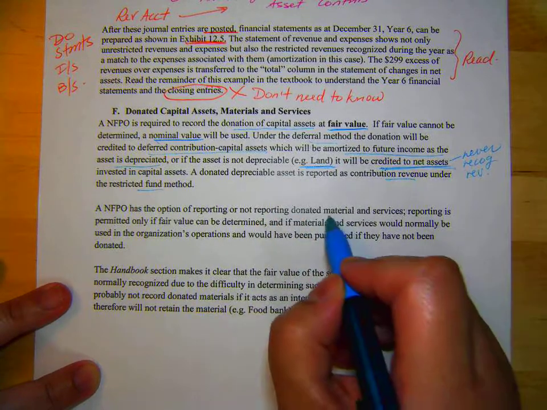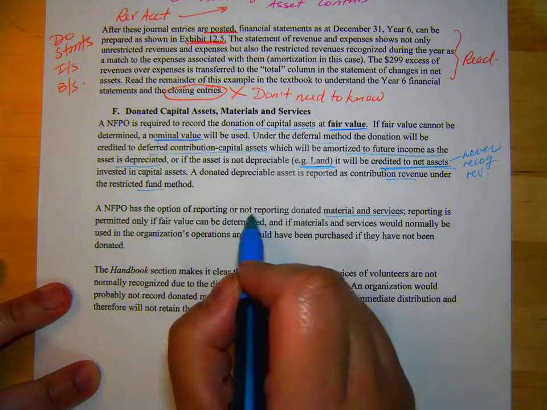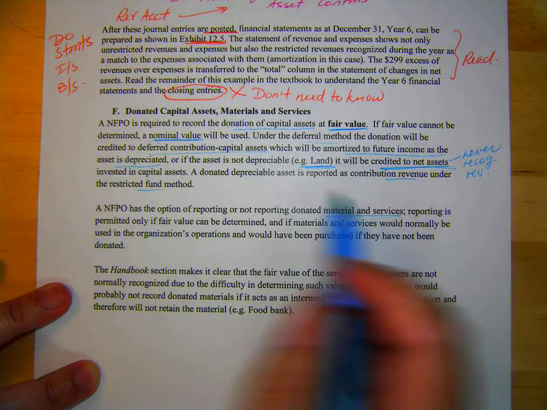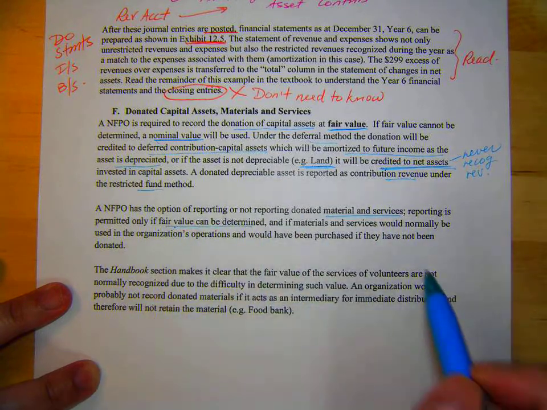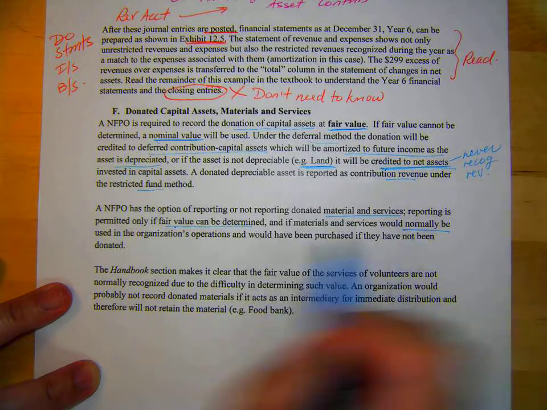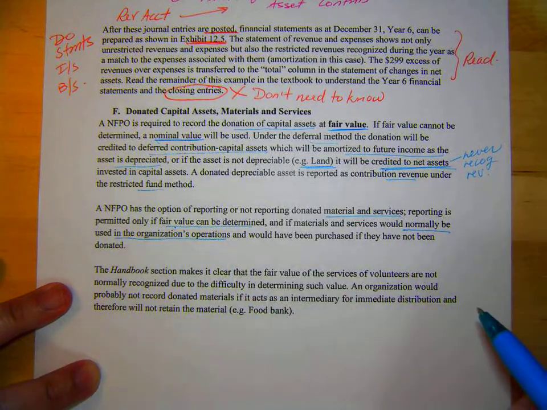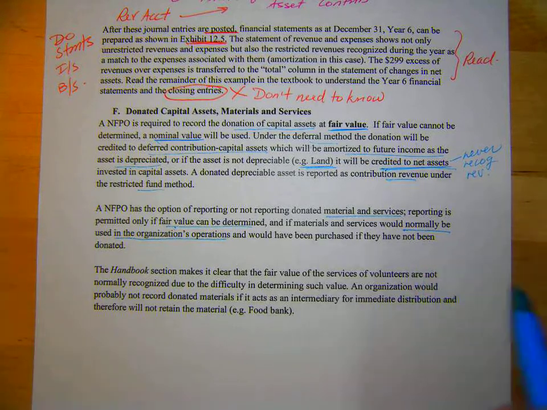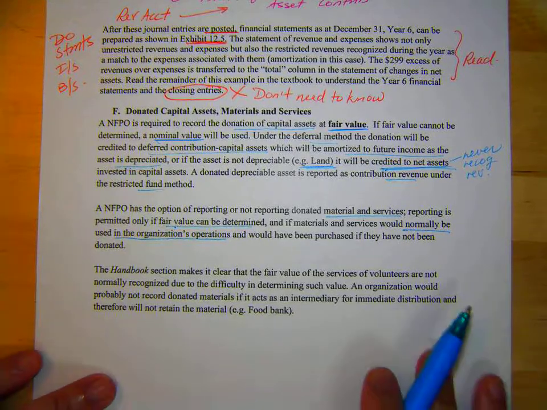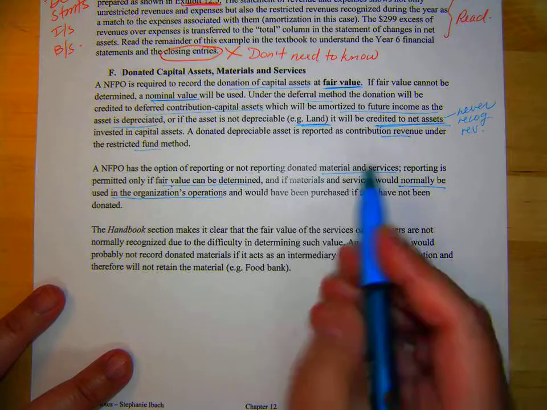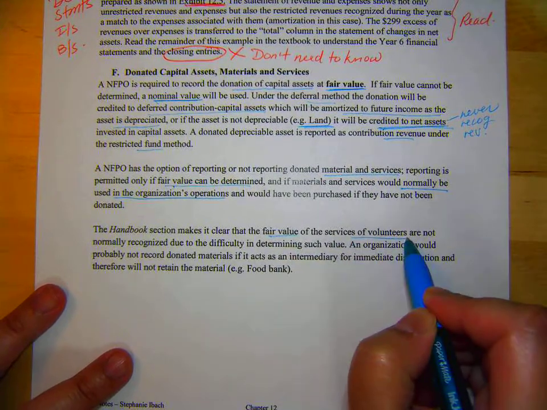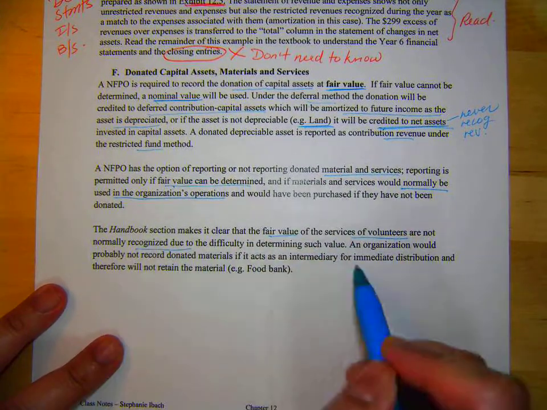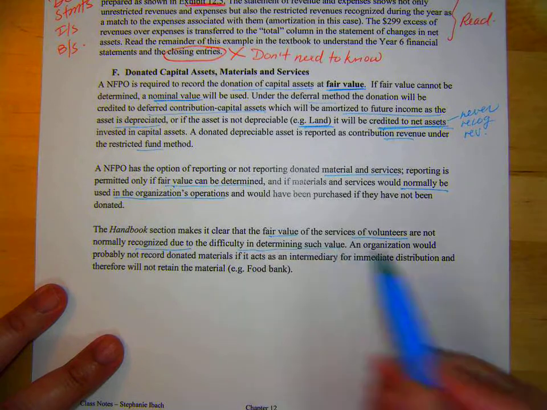Now, in terms of material and services, you can record it or not record it. It's permitted only if fair value can be determined and if they would normally be used in the organization's operations. Also, the fair value of services of volunteers are not recognized due to the difficulty in determining such value.